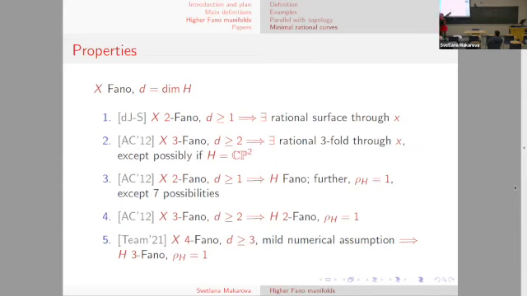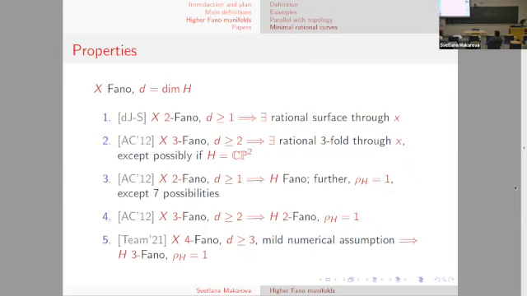If D is at least 2, then H is 2-Fano, and we need that D is at least 2, otherwise it cannot be 2-Fano by our observation on the dimensions. And its Picard rank will necessarily be 1. So you can see that it recreates this topological picture of saying that if we have a space X that is, let's say, 3-connected, then its loop space is 2-connected.